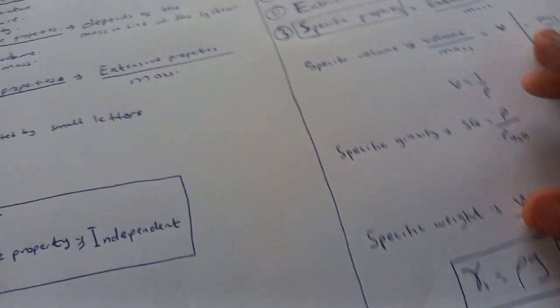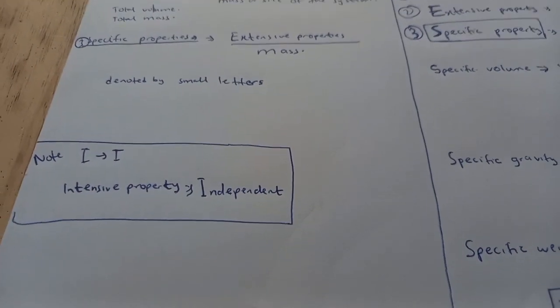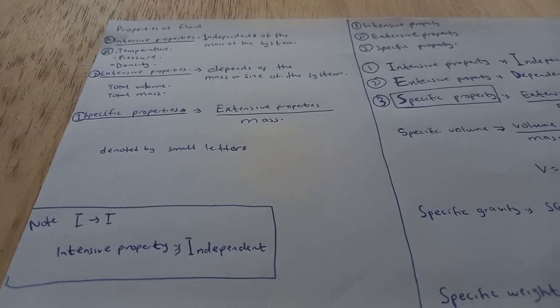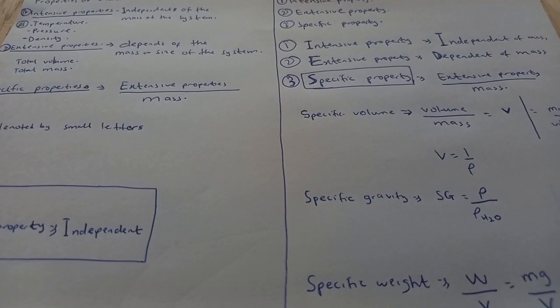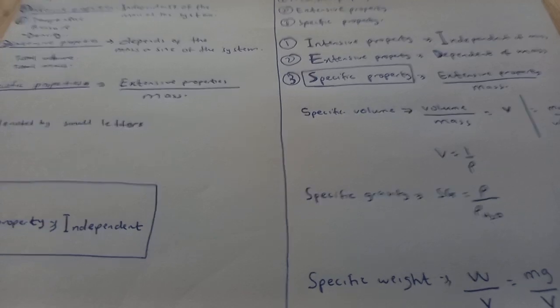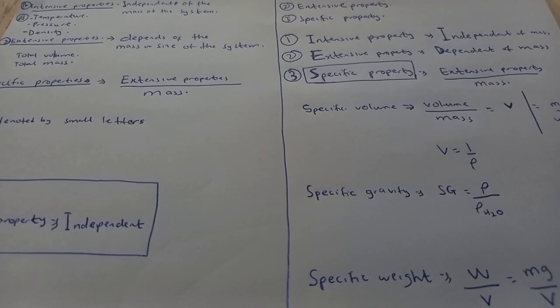So today we've been able to identify the types of the properties of a fluid. You know that we have the intensive, the extensive, and the specific properties. You know that the I is to I. The intensive is independent. Extensive is dependent. The specific is the extensive divided by the mass. We have exceptions.